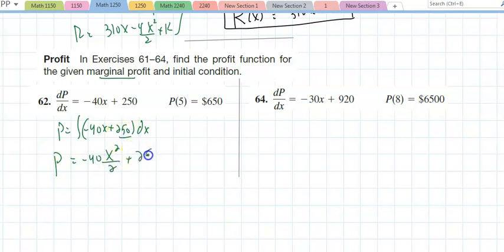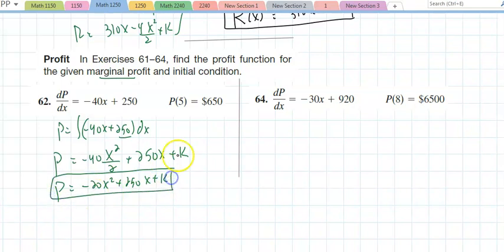A constant, that means you must have had 250x plus k. The profit function is negative 20x squared plus 250x plus k. All I have to do is find that k, and here they're saying when you sell 5 units, the revenue is $650.